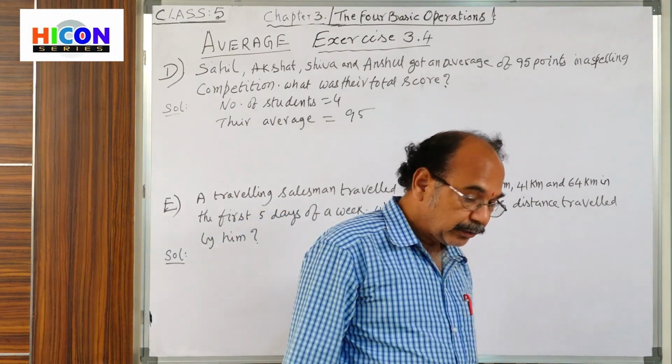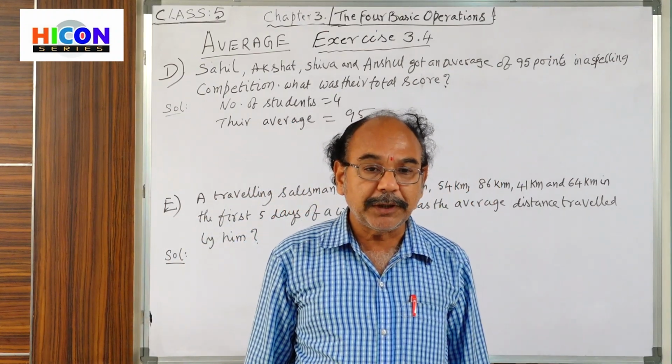What is the formula here? The average is equal to sum of the quantities by number of quantities.